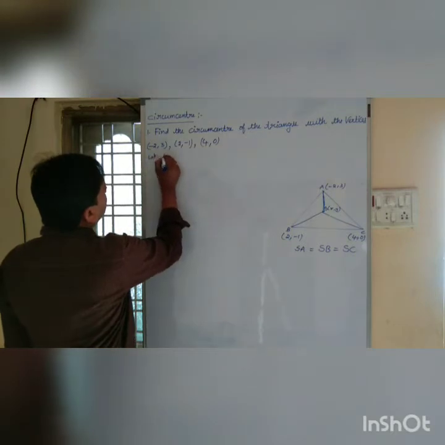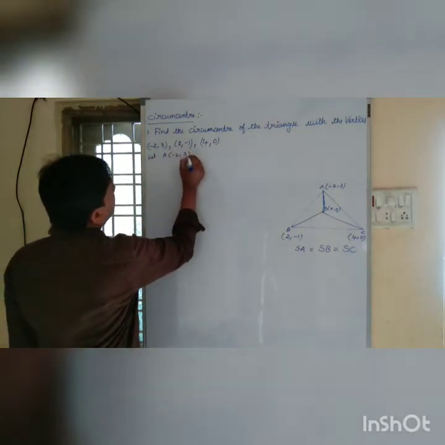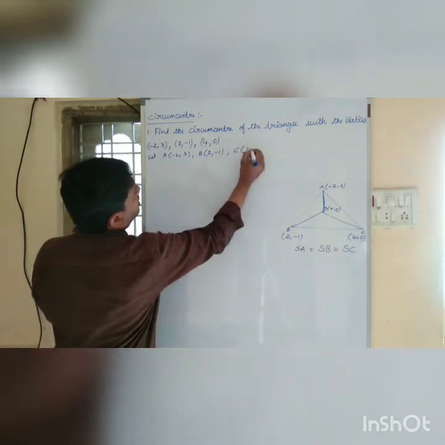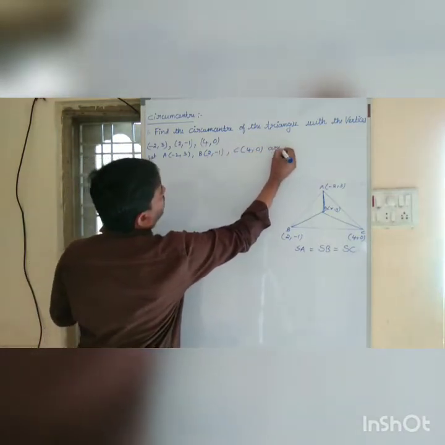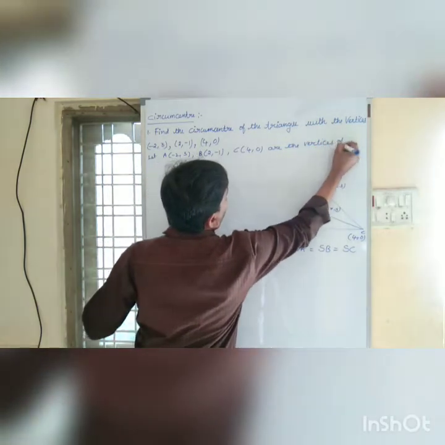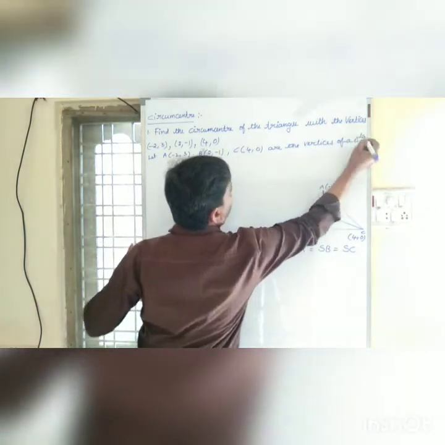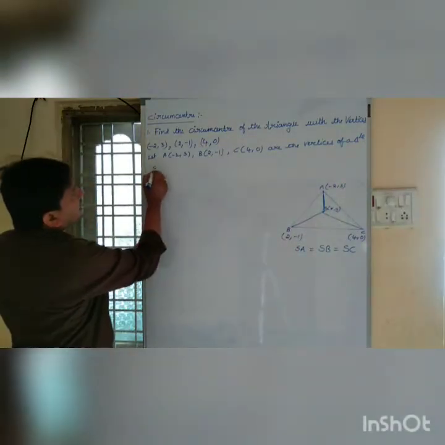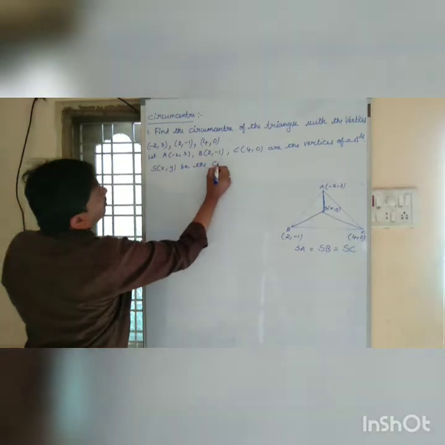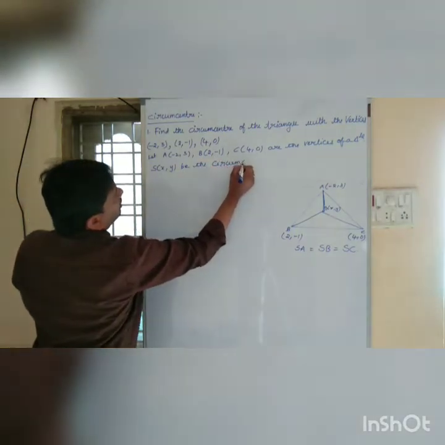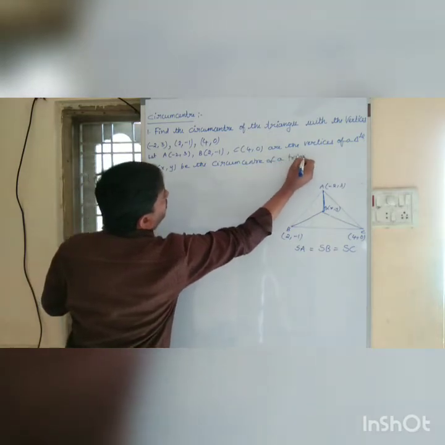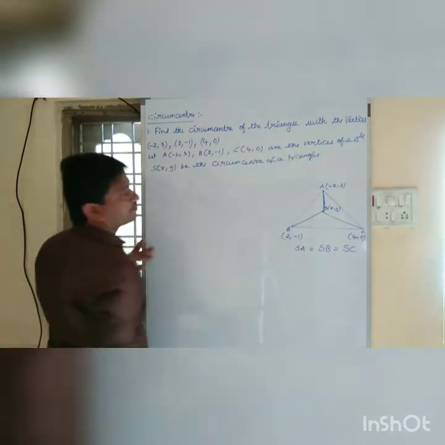Let A of minus 2 comma 3, B of 2 comma minus 1, C of 4 comma 0 be the vertices of a triangle. Okay, and S of x comma y be the circumcenter of the triangle. Right?